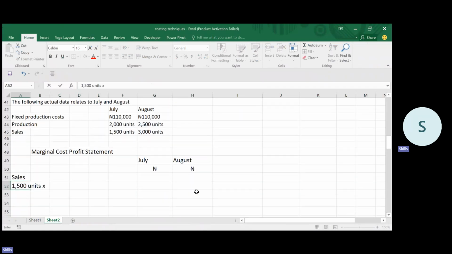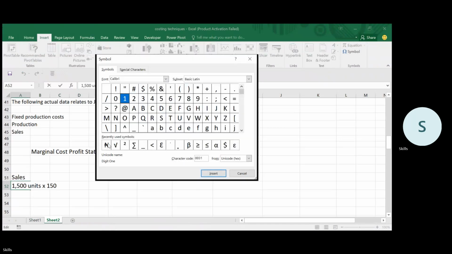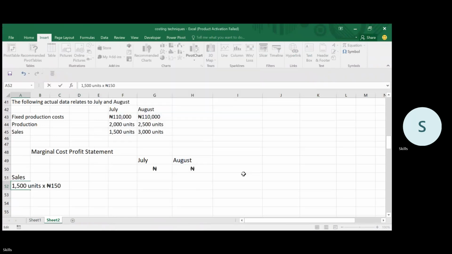So for July, 1,500 multiplied by 150 naira. 1,500 times 150 will give us 225,000 for July.